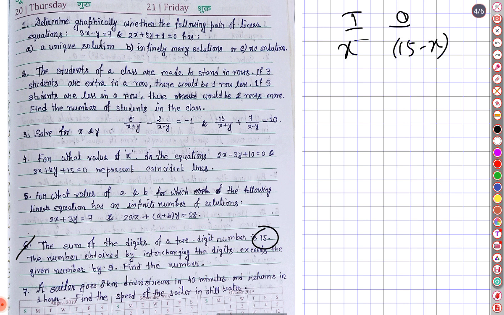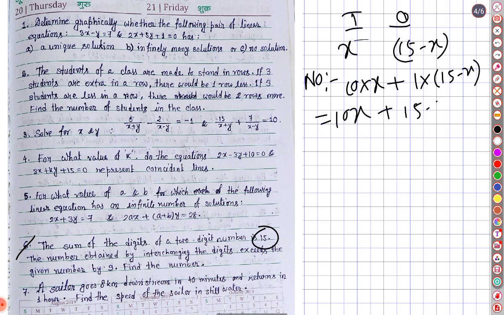You can take the variable y also, but I am not taking y. So what will be the number? We multiply 10 with x and 1 with 15 minus x. If we simplify, this is 10x plus 15 minus x, that is 9x plus 15. This is the number.